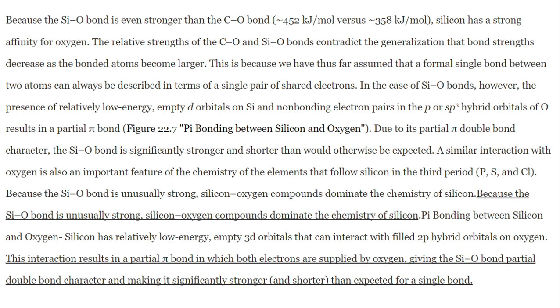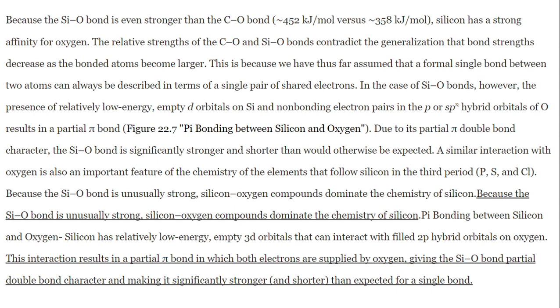Because of the pi bonding between silicon and oxygen, the silicon-oxygen bond is unusually strong. Silicon has relatively low energy, empty 3d orbitals that can interact with filled 2p hybrid orbitals present on the oxygen atom.